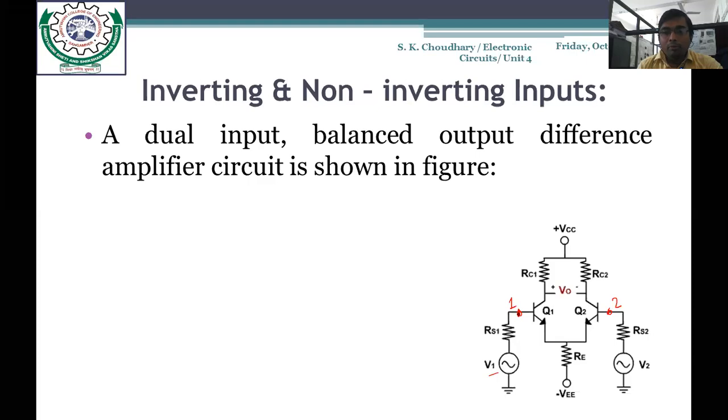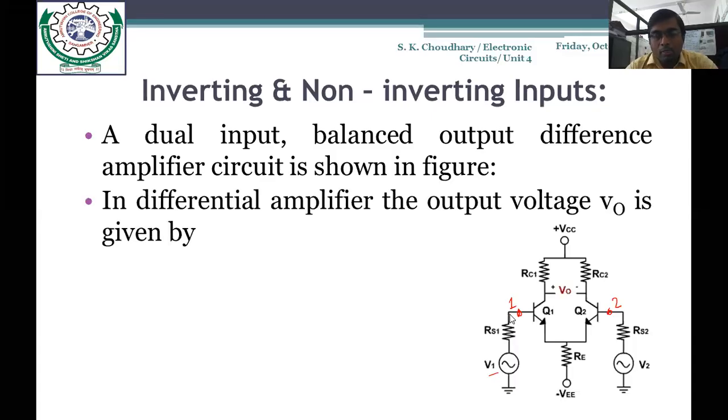But if you see, this input could be categorized into two different sections. One is inverting input, another is non-inverting input. Now we will see which of these two terminals is inverting and which is non-inverting. I think all of you have the same diagram with you. If you have not, please draw this, the same diagram that we have been using from the start of the analysis.